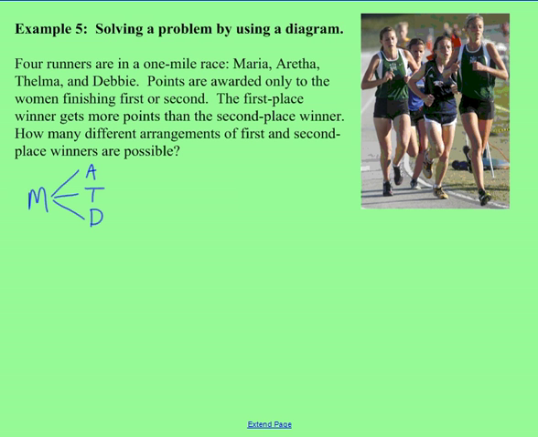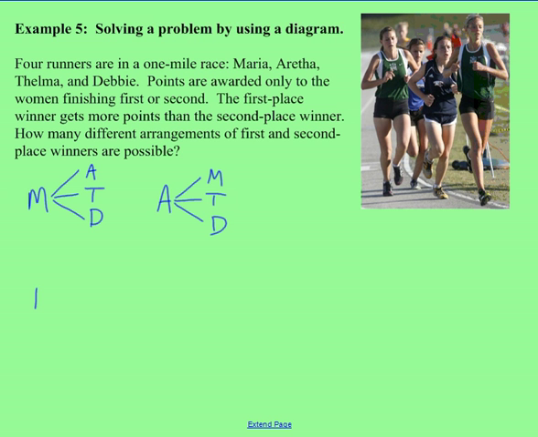Now we can think about if Aretha comes in first. So if Aretha comes in first, maybe Maria comes in second, or Thelma comes in second, or Debbie comes in second. So there are 3 ways that Aretha can come in first.